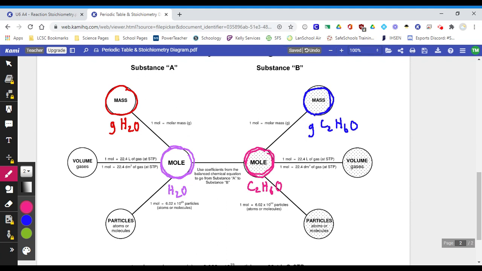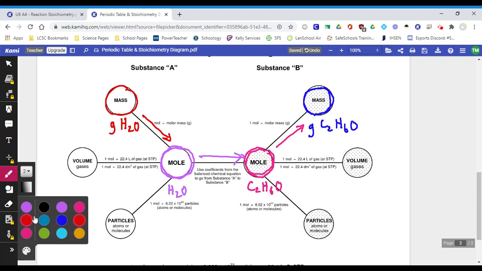So we're going to need one conversion, two conversions, three conversions. We're going to need three conversion factors here to change from grams of H2O to grams of C2H6O. So there's going to be three fraction pairs.